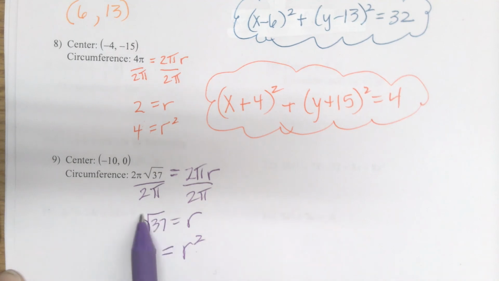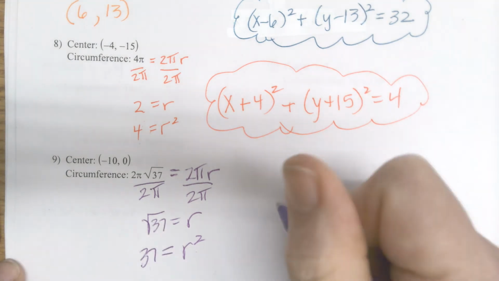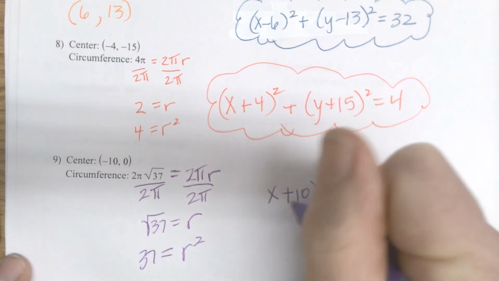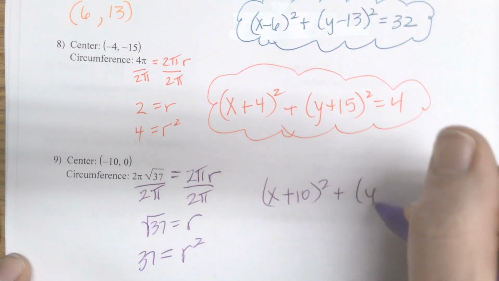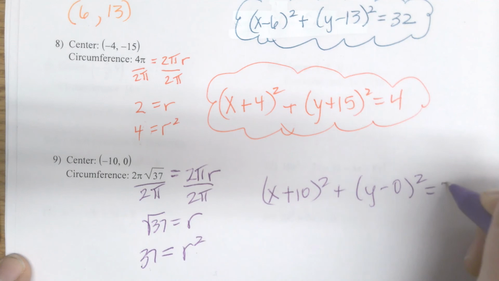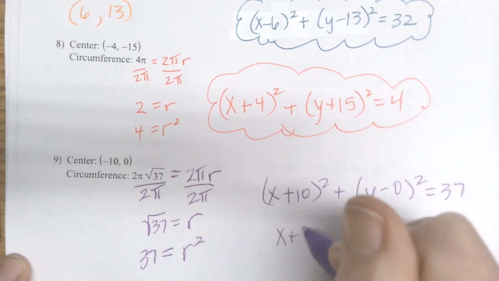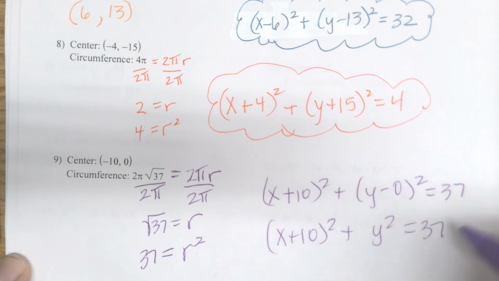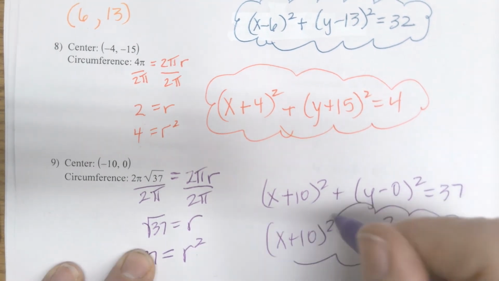When you square a radical, you lose the radical. So the square root of 37 times the square root of 37 is 37. I can put it in the equation of the circle. (x minus negative 10) quantity squared plus (y minus 0) quantity squared equals 37. Or better than that, (x plus 10) squared plus y squared equals 37 as my final answer.